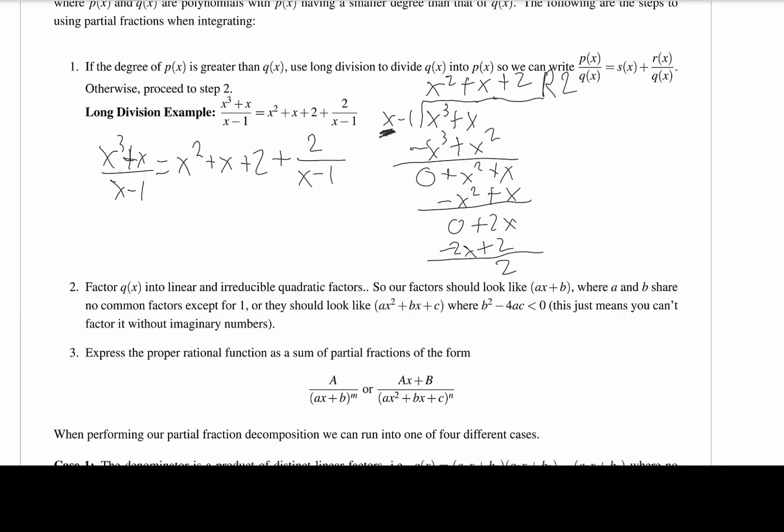And so that means that instead of trying to integrate something like this, right? We can't use u sub here. I don't see any trig identities that we can use. It just looks like something that's going to be really difficult to work with. So instead, we integrate something like this, right?